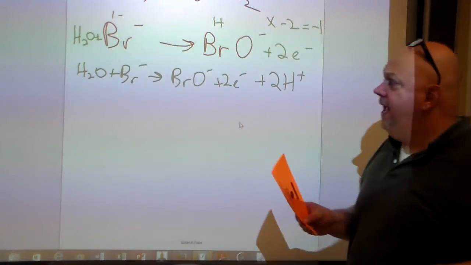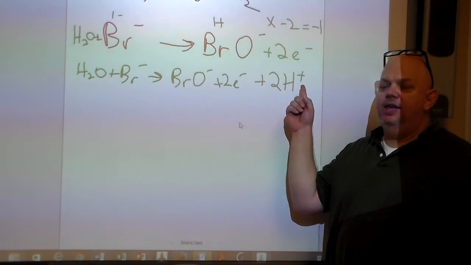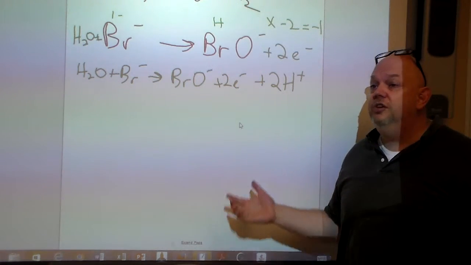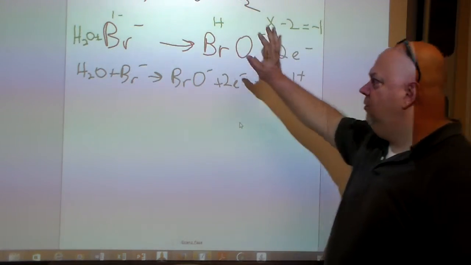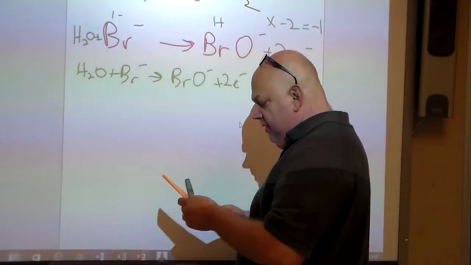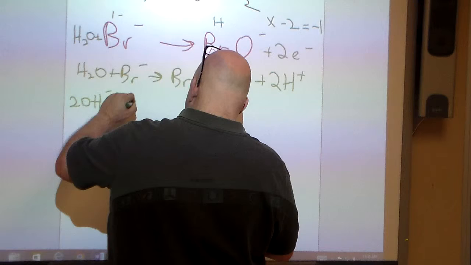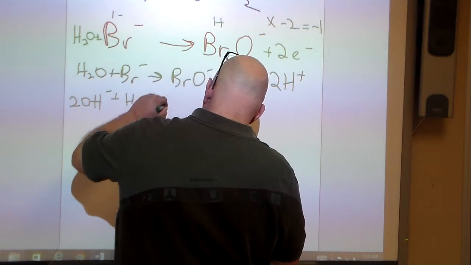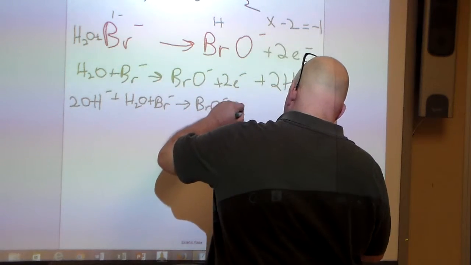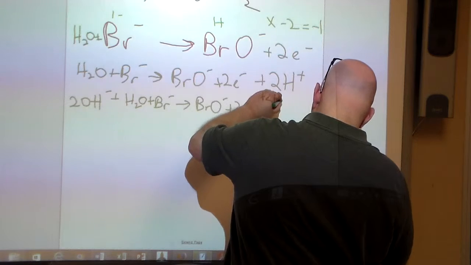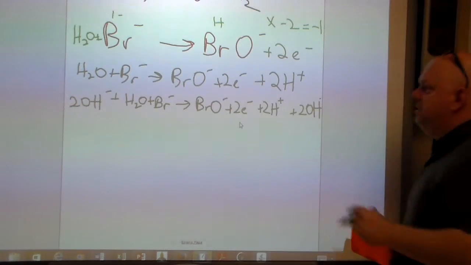Now, okay, great, except how are we going to take care of the H's here? Well, because it's in a basic solution, we have to add OH minus. But again, what you do to one side of the equal sign, you have to do on the other. So we're going to have 2OH minus plus H2O plus Br minus gets us our BrO minus ion plus 2 electrons plus 2H plus plus 2OH minus.